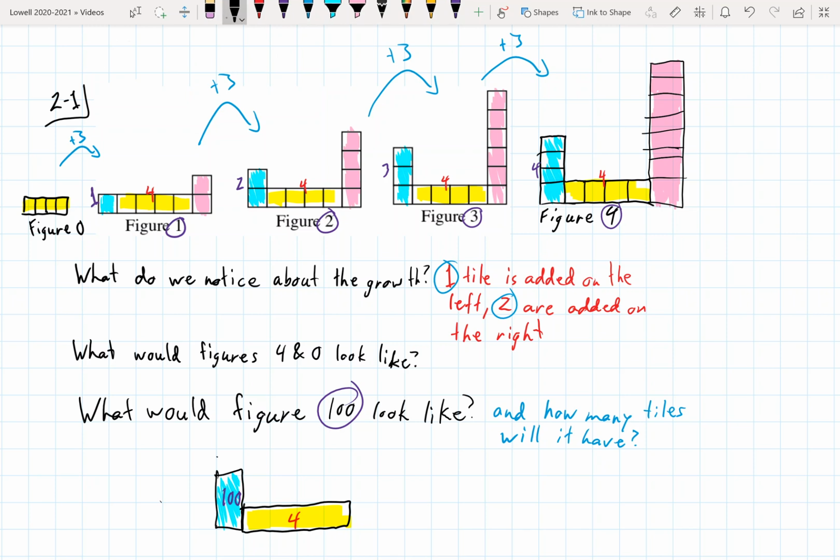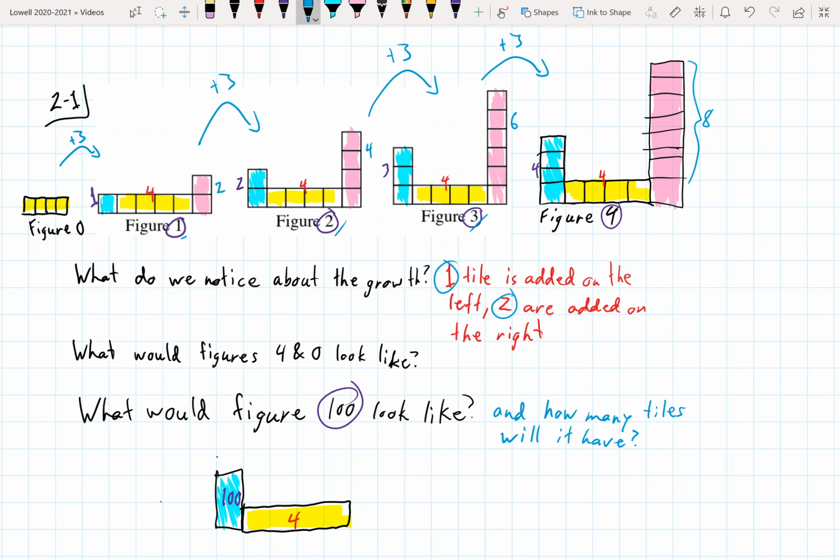But if we look at this pink tower, let's see. This pink one, there's going to be 2 in figure number 1, 4 in figure 2, 1, 2, 3, 4, 5, 6 tall in figure 3, and I think this one is 8 tall.